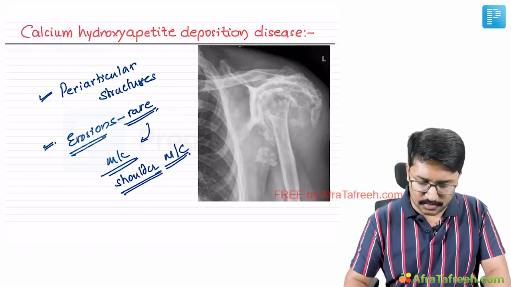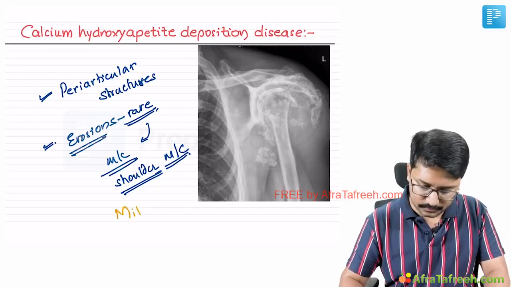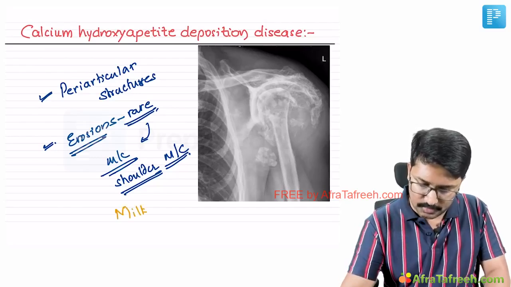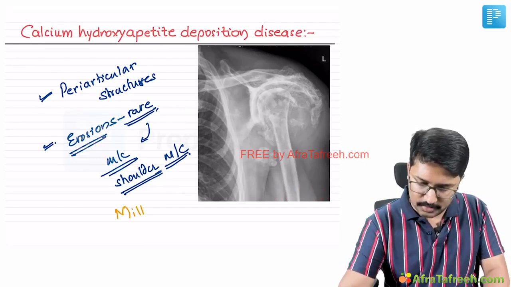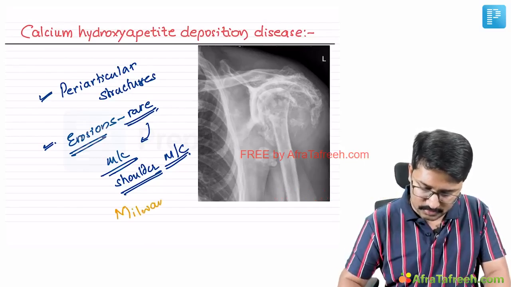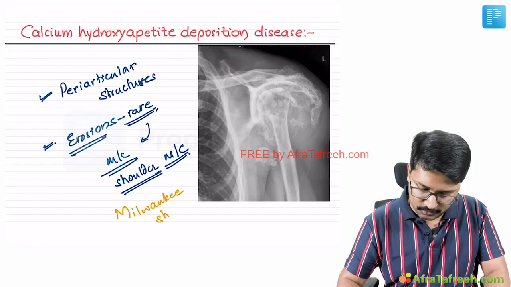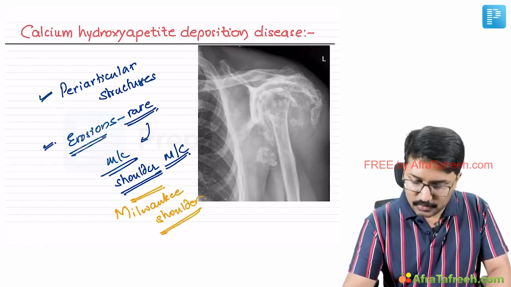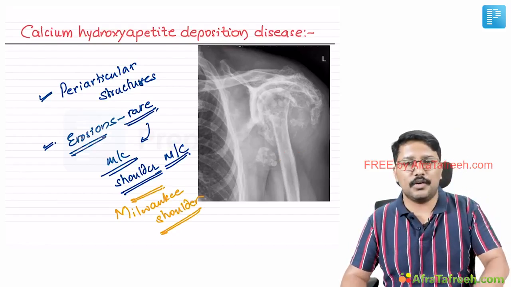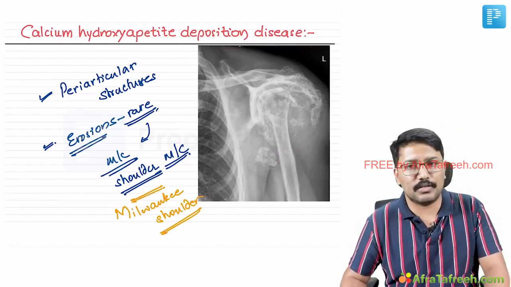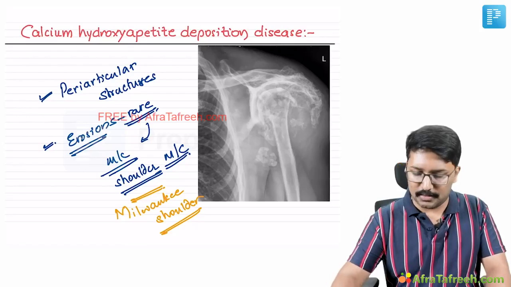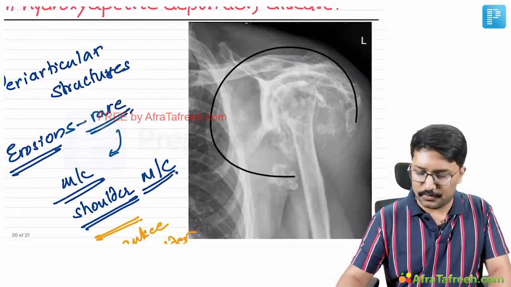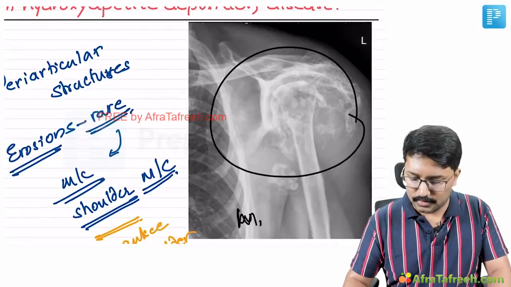In that case, we call it Milwaukee shoulder or Milwaukee disease, where there is erosive arthritis of the shoulder joint because of the deposition of calcium hydroxyapatite, apatite crystals.